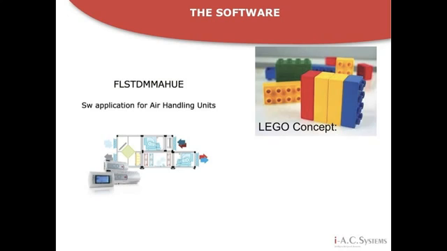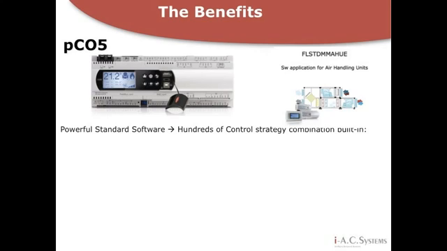The blocks I'm talking about are dampers, fans, coils, safeties, humidifier, filters, heat recovery, and many more. Let's take a look now at what are the benefits of such a controls vision for these types of applications.